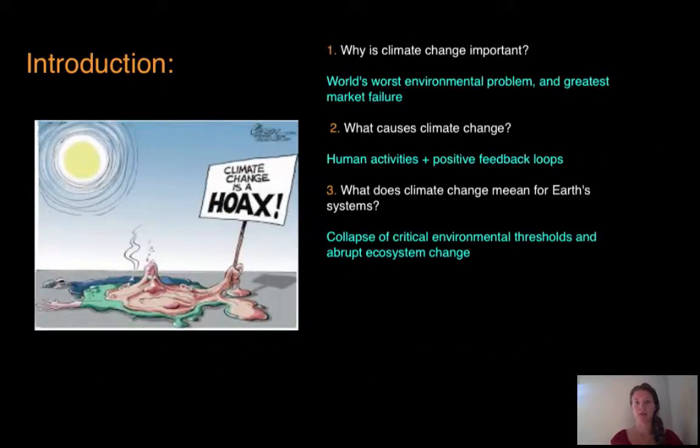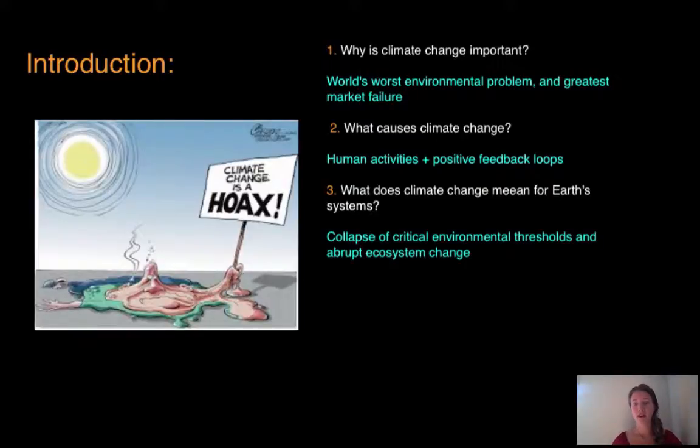So why is climate change important? Well, because of its many causes that stem from the private and public sector, from people driving their cars or heating their houses to countries' share of aggregate global emissions release, climate change is thought of as the world's worst environmental problem.